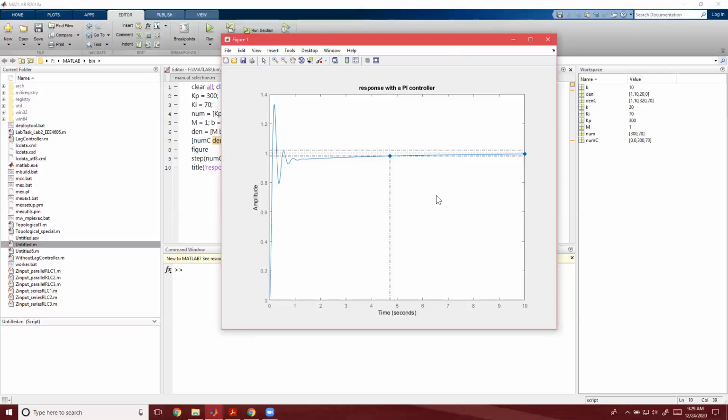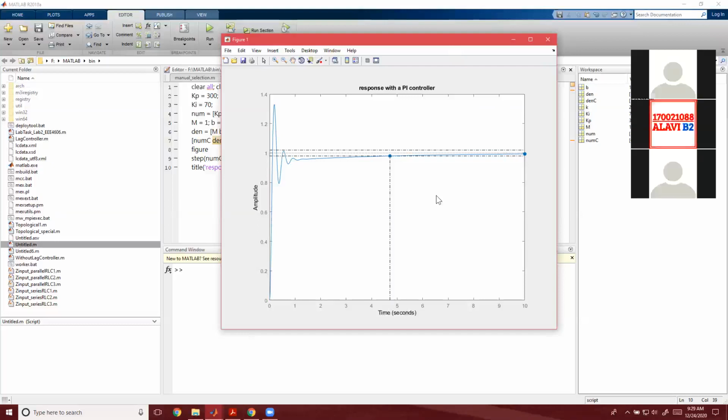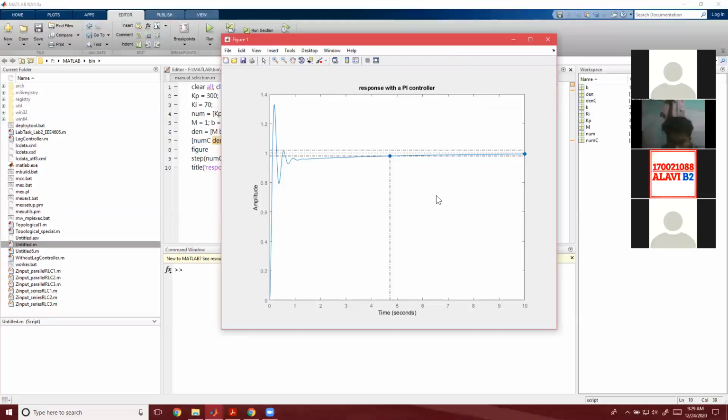We don't want our output to fluctuate between a lot of values. We want it to settle as quickly as possible. So if we use an integral controller, that's the drawback: our settling time will increase significantly. Even though we have 0 steady state error, it will take a large amount of time for our system to reach that final value.